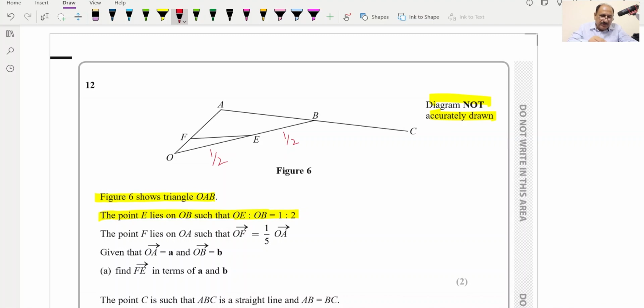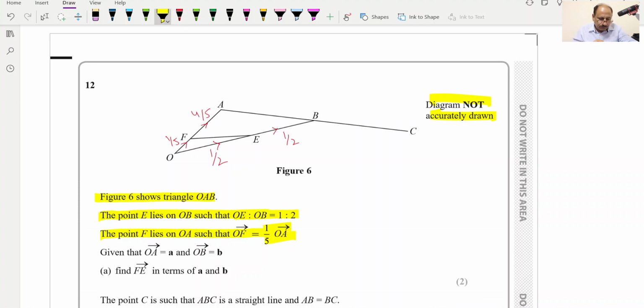Then they are saying the point F lies on OA such that OF is 1 by 5 of OA. So this is also 1 by 5, so the remaining will be 4 by 5. We have to take care of the directions also. So these are the directions.